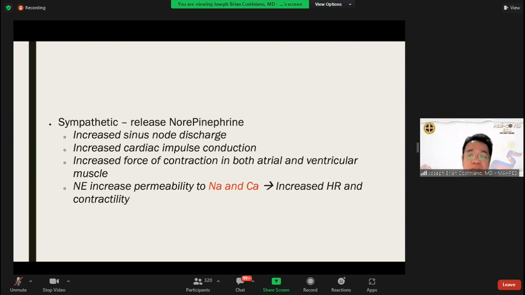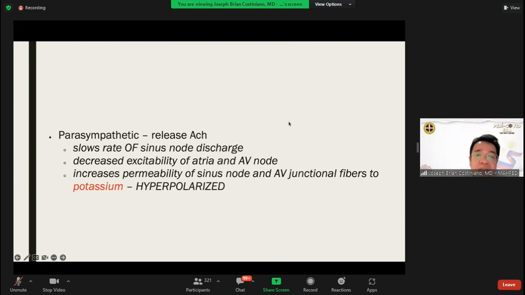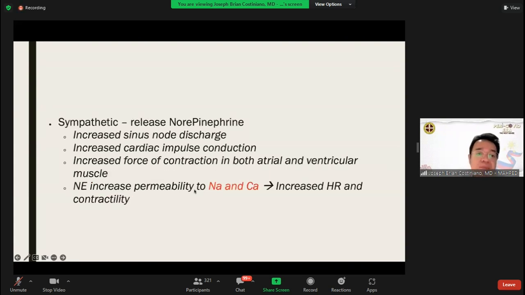So it will cause an increase in your heart rate and contractility. So remember, parasympathetic: acetylcholine, potassium, hyperpolarization. Meanwhile, sympathetic: norepinephrine, sodium, and calcium ion conductance.